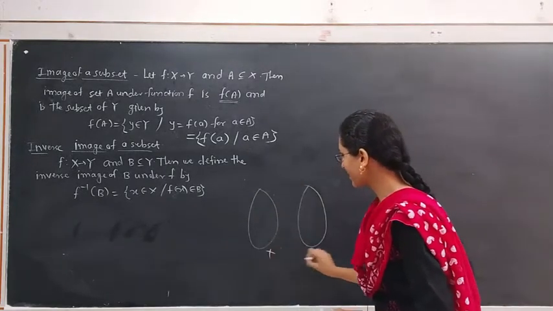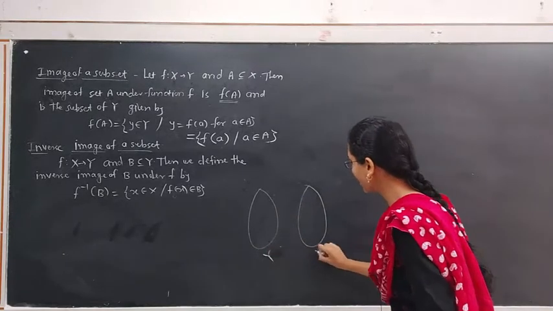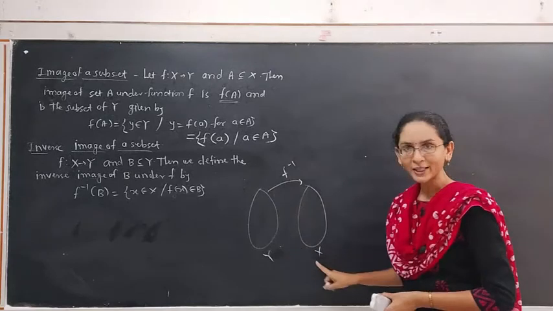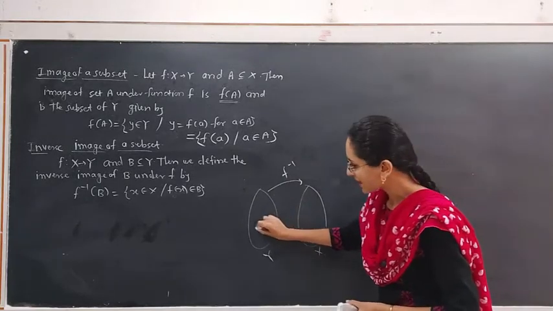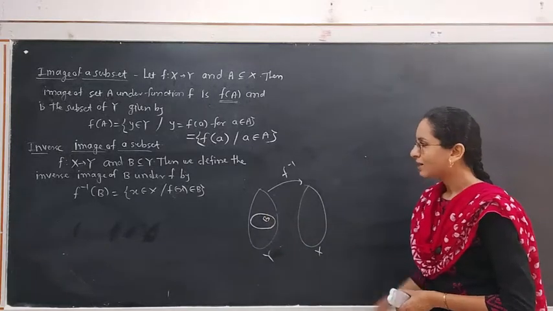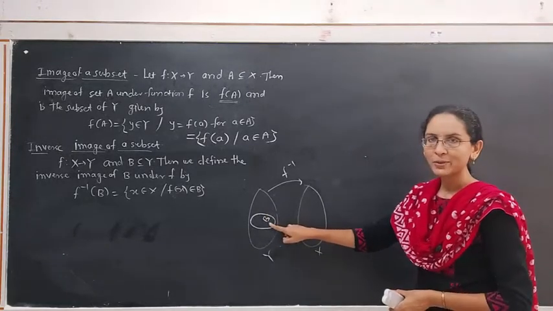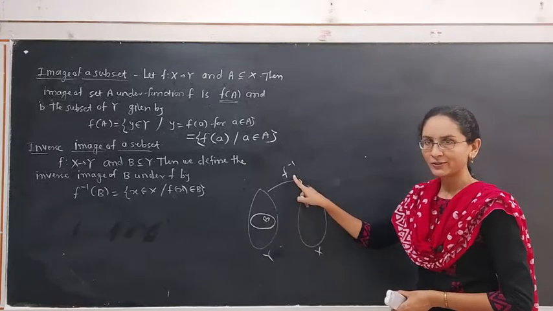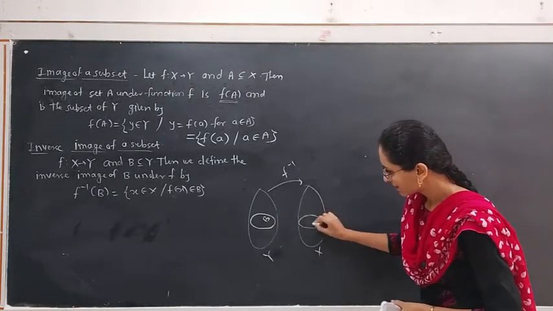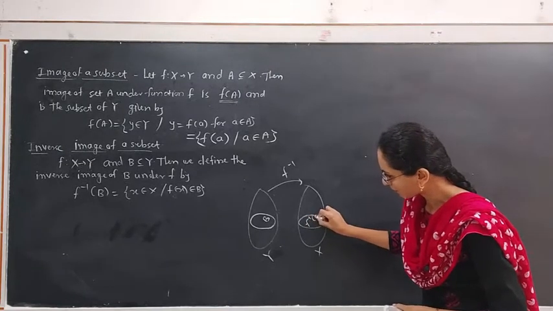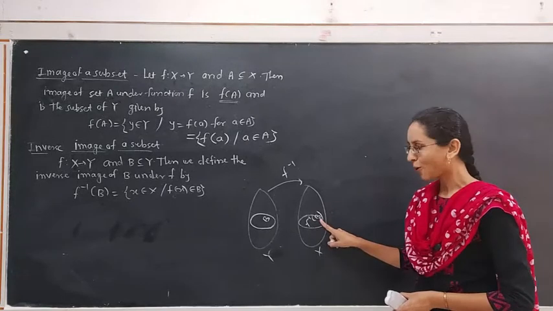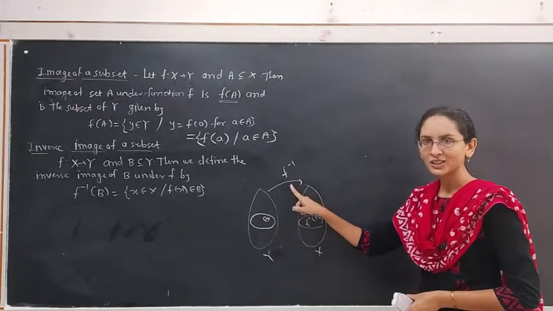This is the set Y, this is the set X, and f inverse is a function from Y to X. Consider a subset of Y, this is B. B is a subset of Y, then the image of set B under the function f inverse is a subset of X. This is f inverse of B, and this set is the inverse image of the set B under the function f inverse.